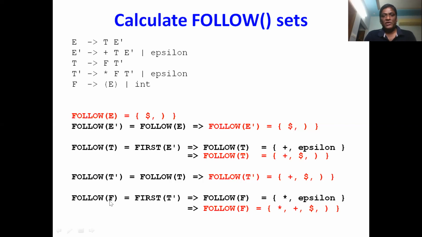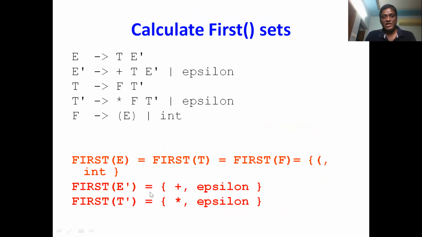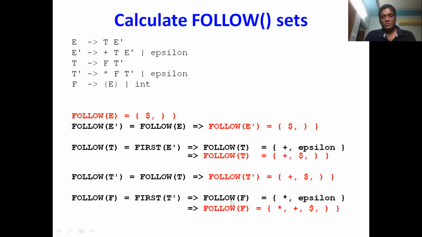And then follow of F. Look for F here. F is followed by T dash. So what will we take? First of T dash. What is first of T dash? First of T dash is star comma epsilon. Because this follow of F now contains epsilon, we consider the follow set of the LHS variable also.